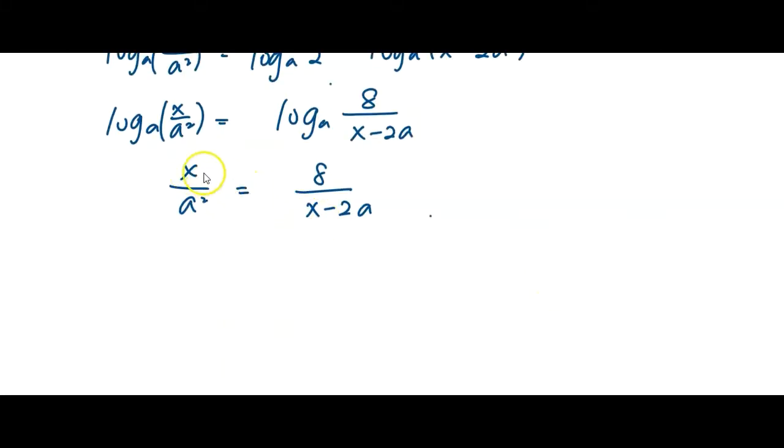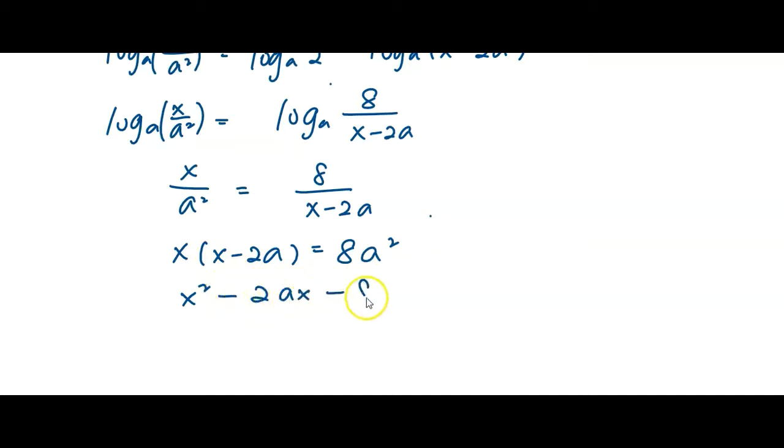And the question asks us to express x in terms of a. We will cross multiply. We get x multiplied by x minus 2a equals 8a squared. And for x multiplied by x minus 2a, we are going to expand it. We get x squared minus 2ax minus 8a squared equals 0.